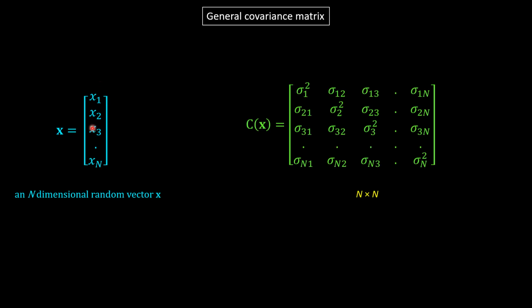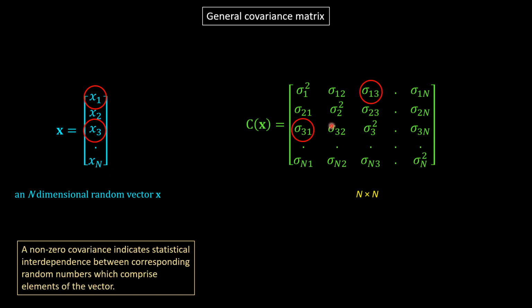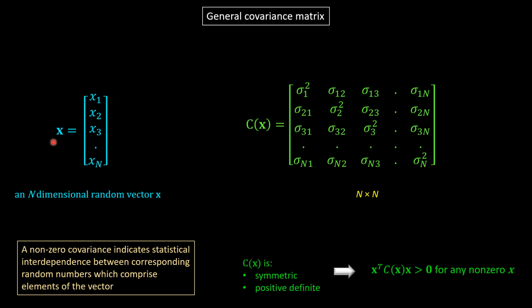Now if we have n elements of this random vector, the covariance matrix has n times n elements, so it can become rather large. If we have non-zero off-diagonal elements, that indicates statistical interrelatedness between respective elements of this random vector x. The matrix Cx has special properties.